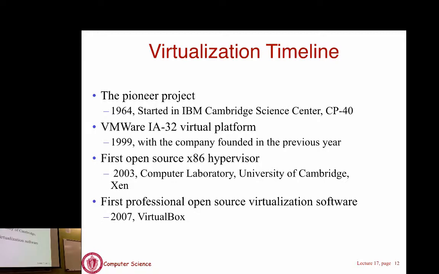They had this cool idea to open source this virtualization platform to enable people doing research in this field to advance the technology further. And then the first professional open source one came out in 2007, VirtualBox.